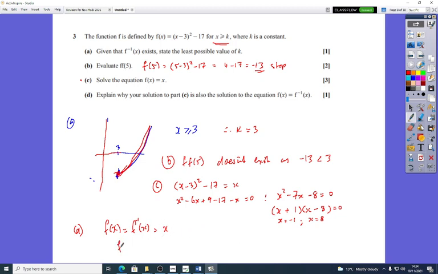You could say that f of x is reflected in y equals x to give f inverse of x. Okay, so it's a graph. If I was to plot it along here, where this graph is and this graph goes there, they will intersect at y equals x. We have the line of intersection. Okay, so call that f inverse of x, and you call that f of x if you want. They will cross there.